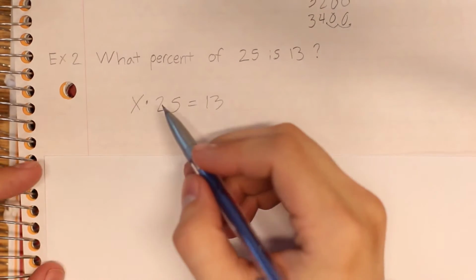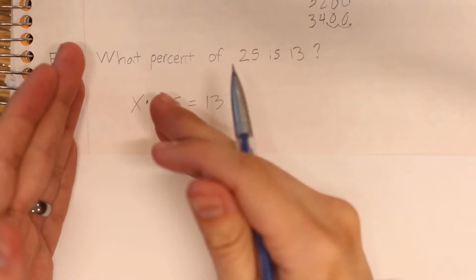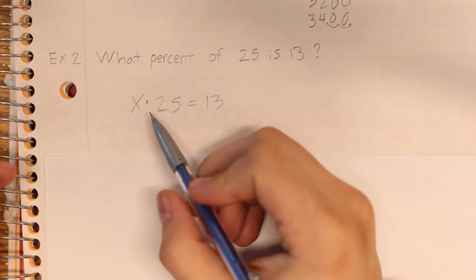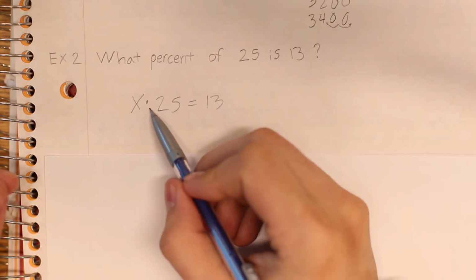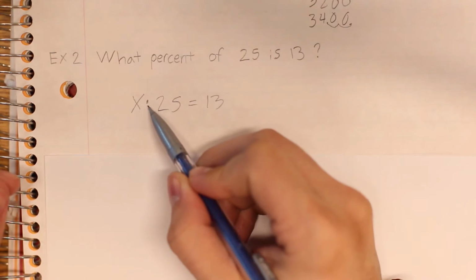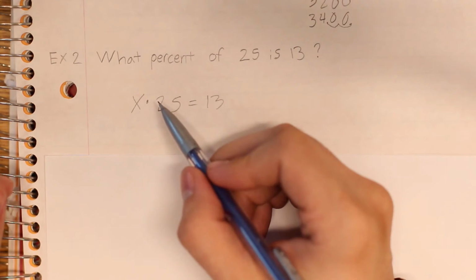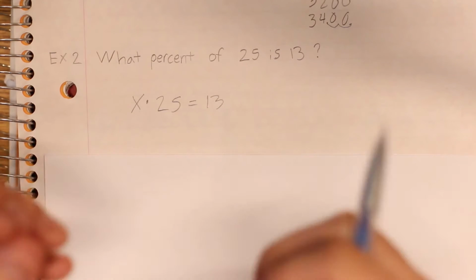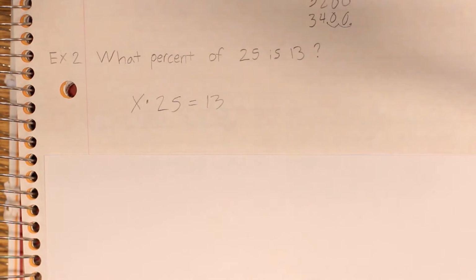So now, unlike the first one where we had both of our numbers on the same side of the equal sign, this one we don't. But this works like a standard equation. We have a variable, we have an operation, we have a number equals a number. So we have to use the inverse operation. Basically, we do the opposite of what it tells us to do to get rid of that 25, so we can get x by itself and know what it equals.